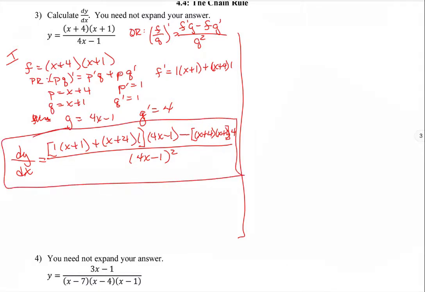Okay? So that's method 1, or I could multiply f out.